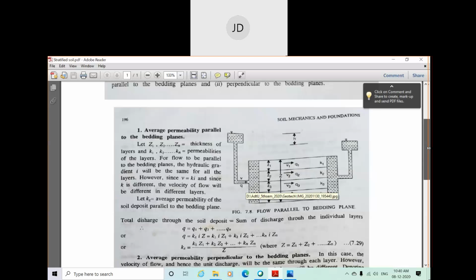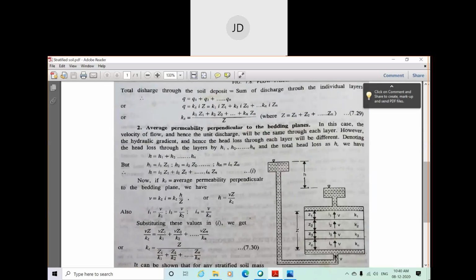Now when the flow is in a perpendicular direction, we have seen that the hydraulic gradient will not remain constant for each layer. For each layer the hydraulic gradient will be different, and the summation of the hydraulic head for each layer is equal to the total head difference, that is, not capital H, small h.